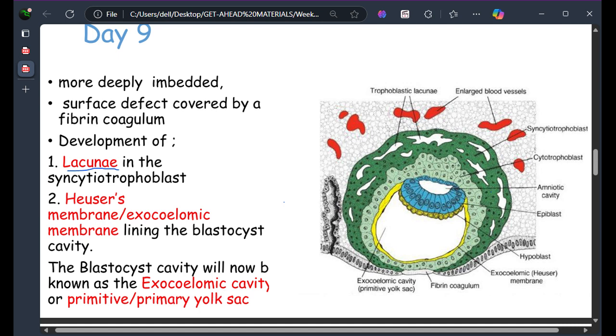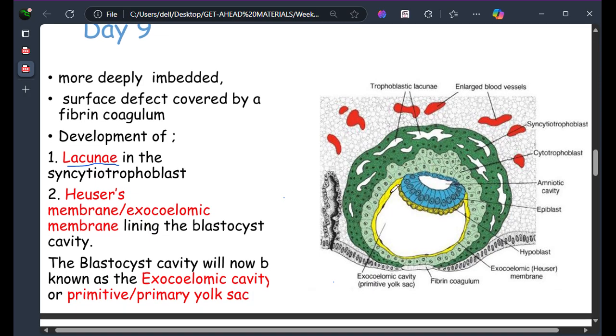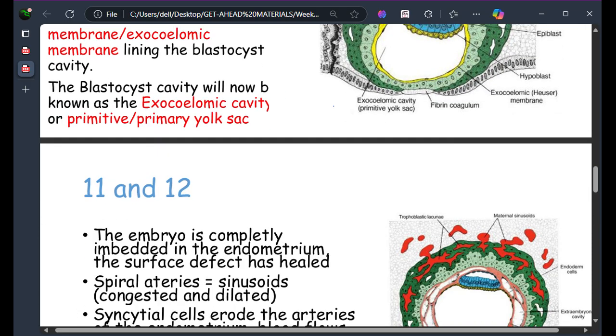So there are three names that you can call this thing after development of the Heuser's membrane. I know the names are becoming plentiful, but just bear with anatomy for now. They will make sense. Just keep going over them. It is the exocoelomic cavity because it's lined by the Heuser's membrane. Because the blastocyst cavity has developed Heuser's membrane, we now call that cavity the exocoelomic cavity. I hope we're okay.